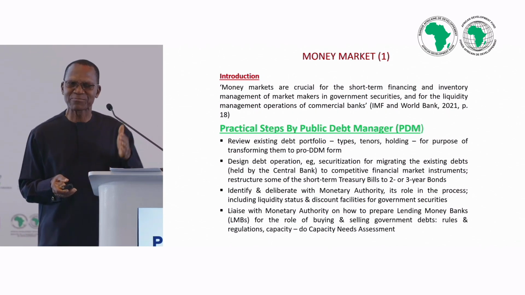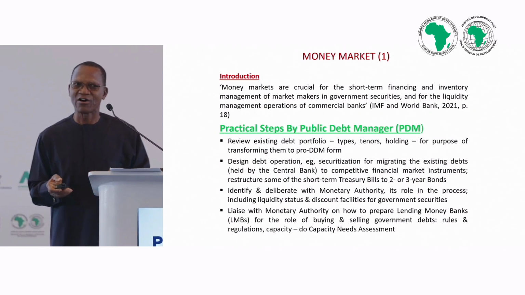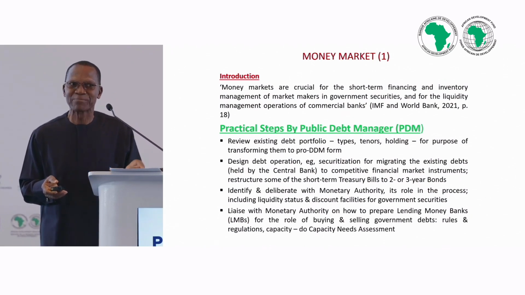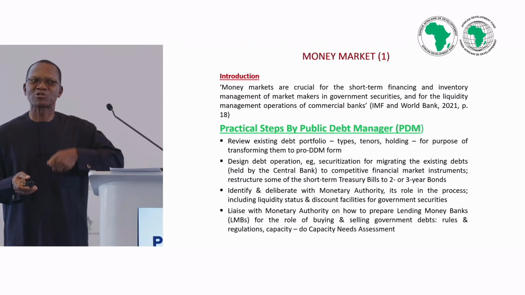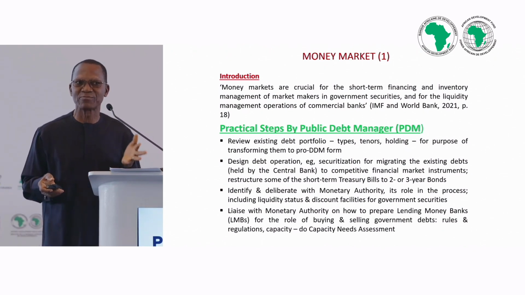And possibly the debt management office has just been established, and it is in line with this establishment that the idea of developing a domestic debt market comes up. But before then, it was the central bank, the monetary authority, that would be issuing for government because there was no debt management office.